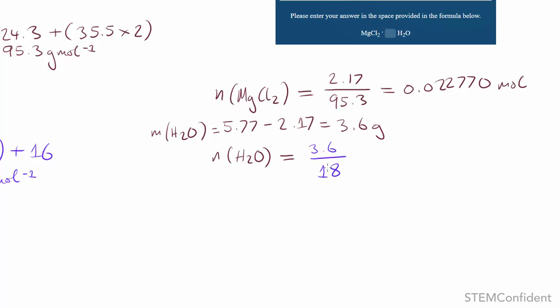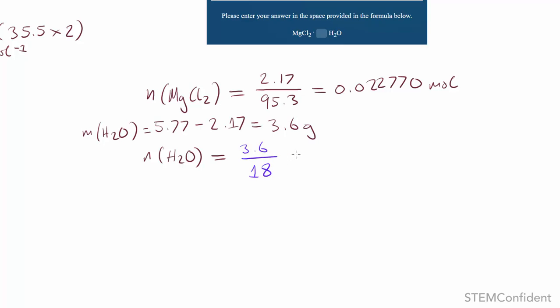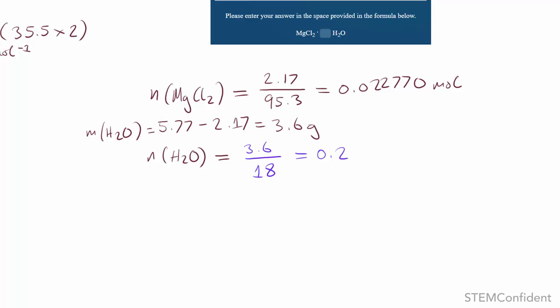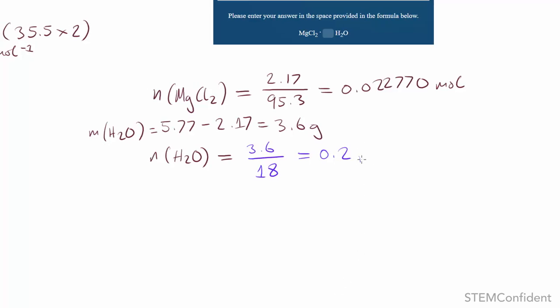So we can use that here. And if you work this out, based on inspection, you can probably figure out what that's going to be. In any case, that's going to be 0.2, in units of moles.